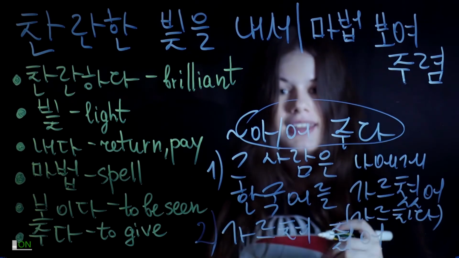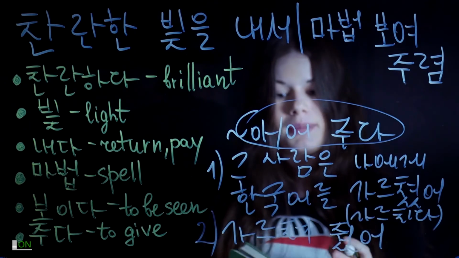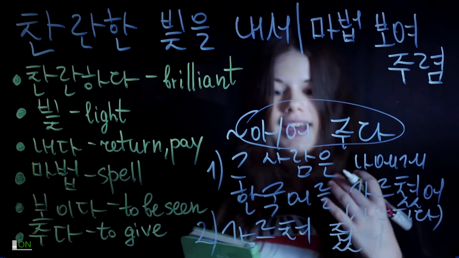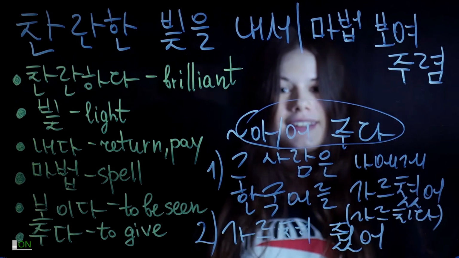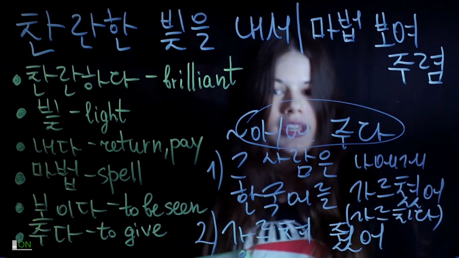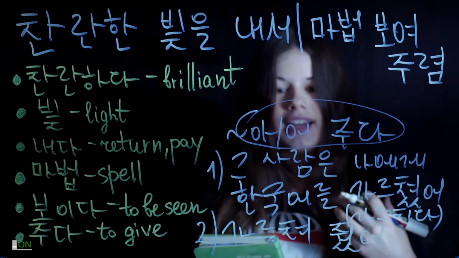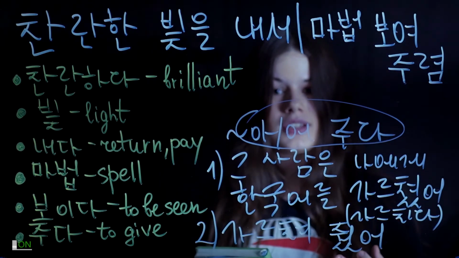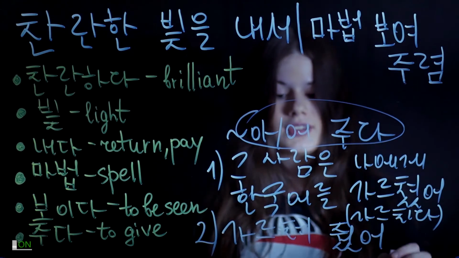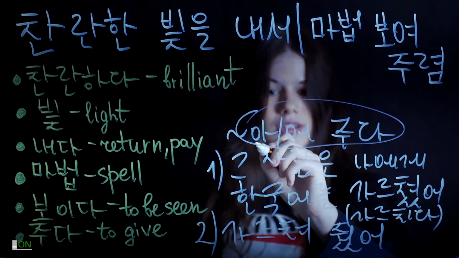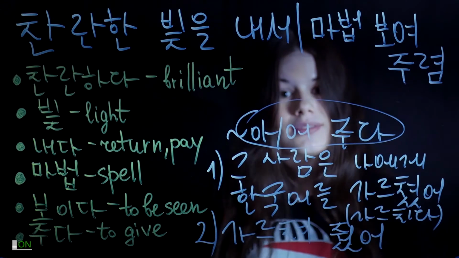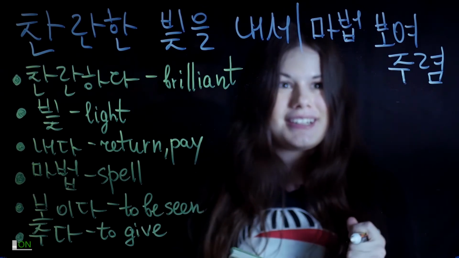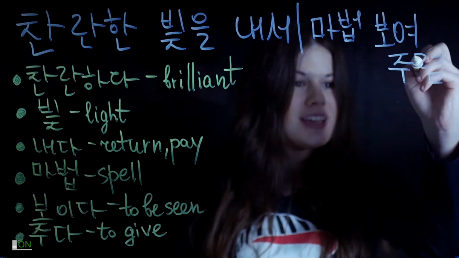These both sentences are translated exactly the same. They mean the same, but the feeling in the second sentence is more like that person who taught me Korean gave me some kind of favor, some kind of service. Like I asked him to teach me Korean, and he did it. He replied to me, he helped me. So that's the feeling that 주다 gives.